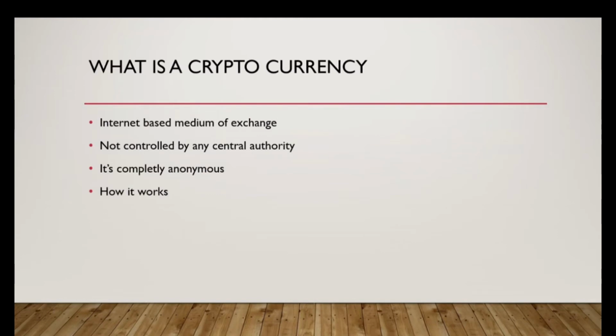So as I said, what's a cryptocurrency? The first thing is that it's an internet-based medium of exchange. What does it mean? It simply means that it's a way to make purchases on the internet, especially on the internet. This type of currency came to life in 2009 with Bitcoin, and became very, very popular in the years that followed because of its anonymity and the fact that you can't really retrace a transaction.